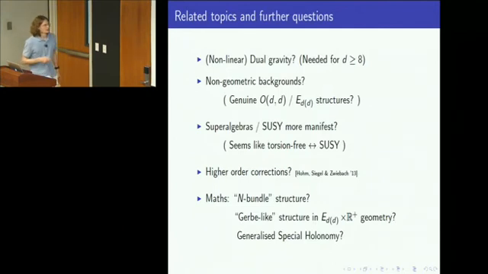So just quickly, I'll mention some other things you could wonder. I've said a few times that dual gravity is a problem here. And it is a problem, and I don't know how to deal with this. But if I did, then it would open up really very large possibilities. What do you mean?